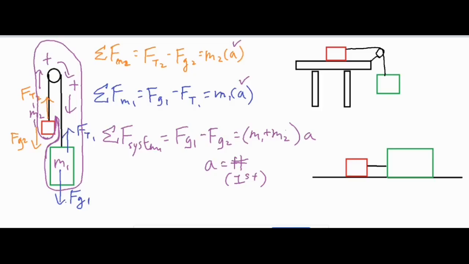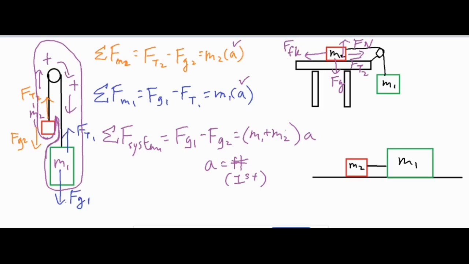So I'm not going to completely cover all the other ones, but let's go ahead and take a look at them. We might have something like an M1 and an M2 for the rest of these. And again, you would look at them individually and separately. So for this one, if we draw in the forces, we would have the force of gravity, normal force, force of tension, we'll call it Ft2, and then we may or may not have friction here depending on the scenario.